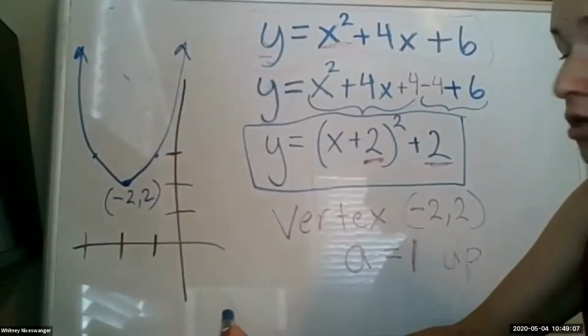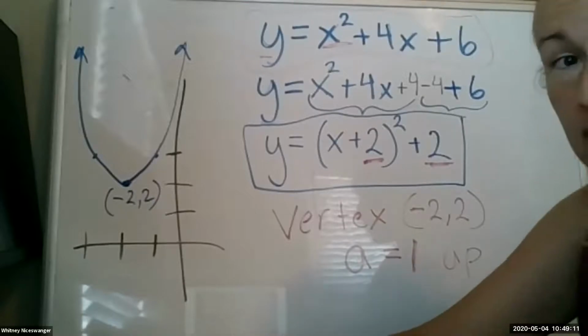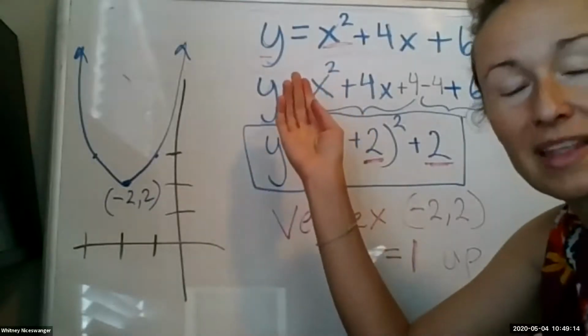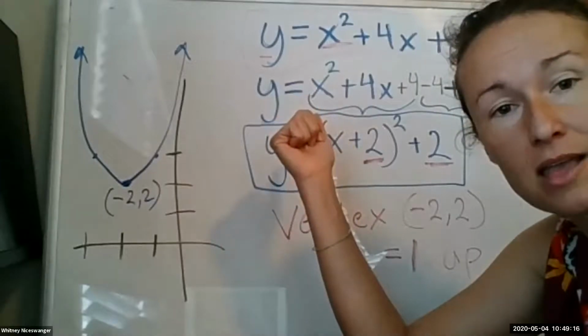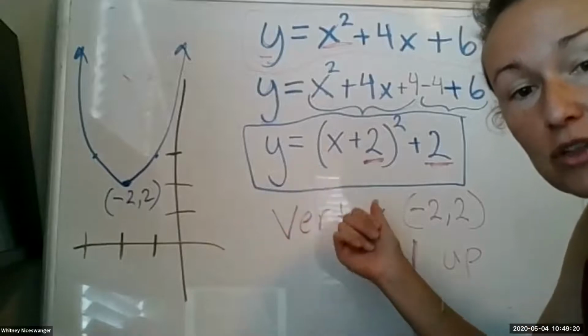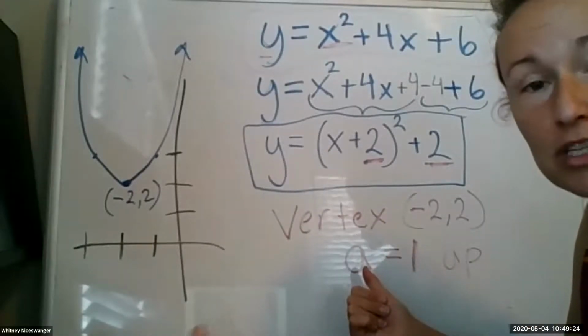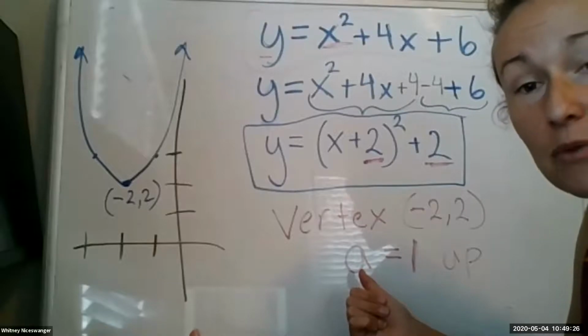Okay? So let's go through those steps again. You get your equation. We have our equation. Identify it as a parabola, but it needs the square completed. Complete the square so that you can identify the vertex, and then ask yourself, which direction is this opening? Okay, sideways or vertically.